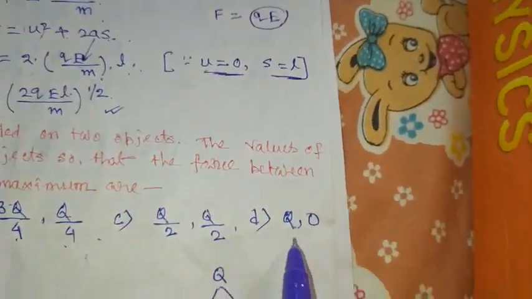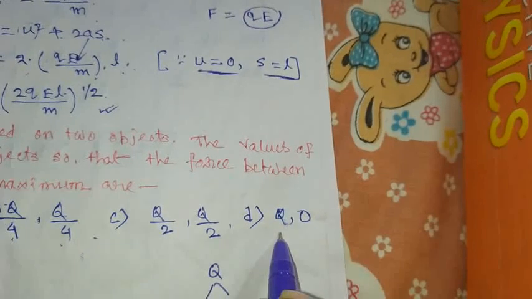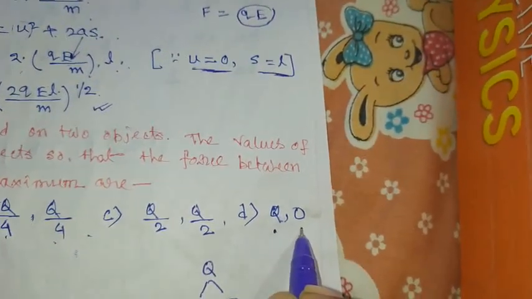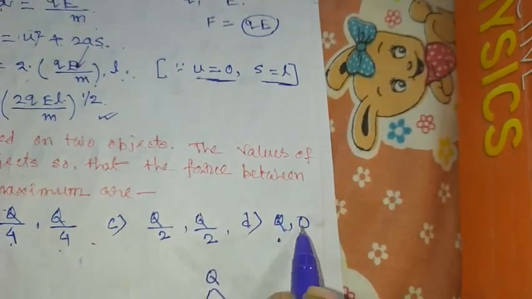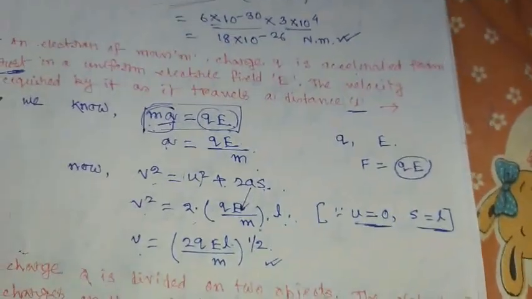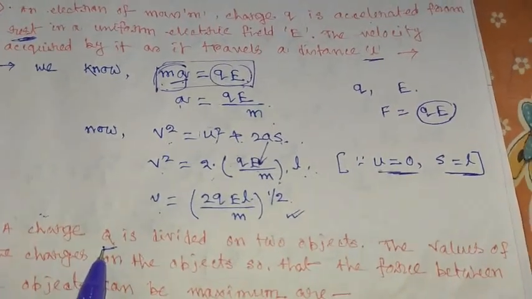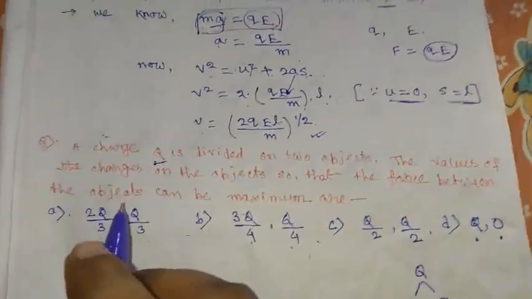In option D, one charge is Q and the charge of the second body is 0, that is Q plus 0 is Q, the initial charge, so conservation of charge is also obeyed.